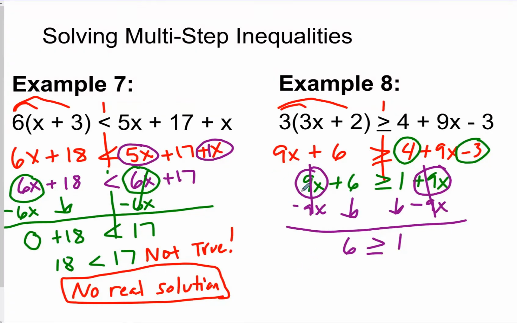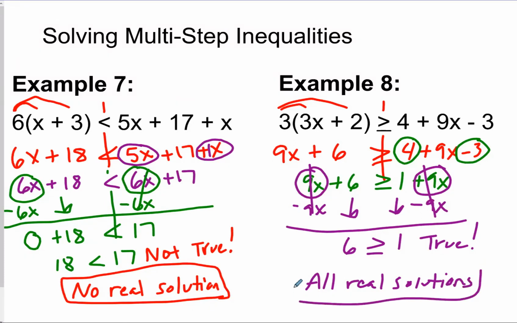Now, whenever my variables cancel, I'm left with constants. I need to ask, is this true or false? Is 6 greater than or equal to 1? Yes, this is true because, as we know, 6 is a greater number than 1. When you get a statement that is true and all your variables canceled, you are going to have all real solutions.